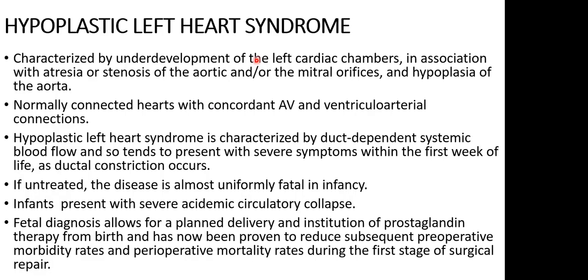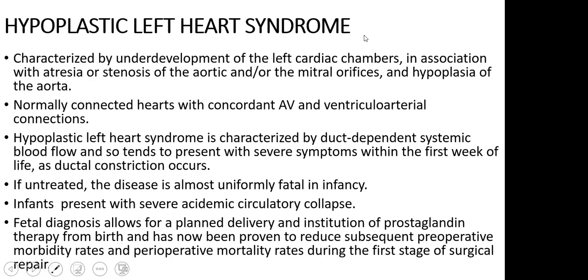Now we are going over to the next cyanotic heart disease, hypoplastic left heart syndrome. This is basically characterized by an underdeveloped left chamber of the heart, and it's said to be associated with an atretic or stenosed aortic valve or mitral valve, just like the picture of tricuspid atresia.